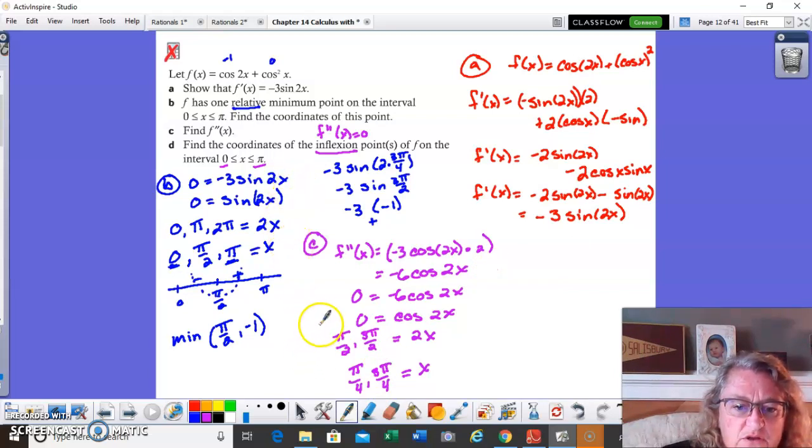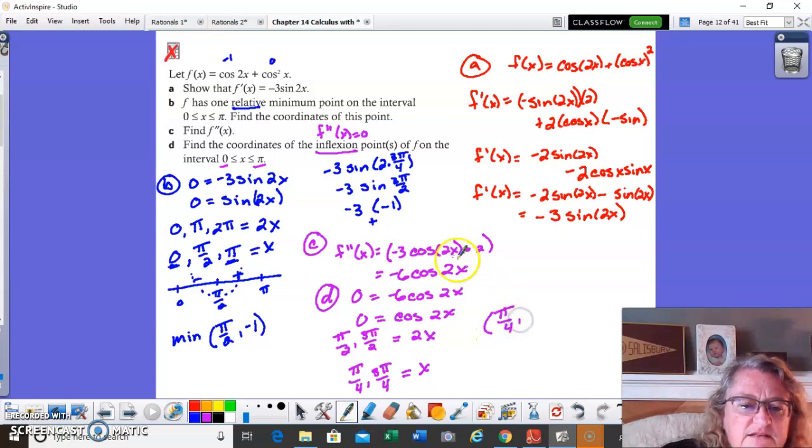Oh, I should have changed colors, but I didn't. This is my letter D starting here. My points of inflection become pi over 4. Let's put this in: 2 times pi over 4 is pi over 2, and the cosine of pi over 2 is 0.